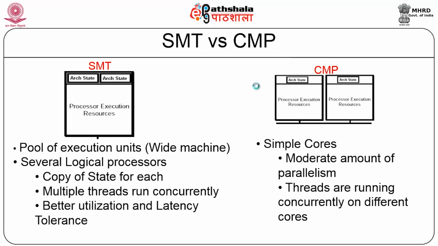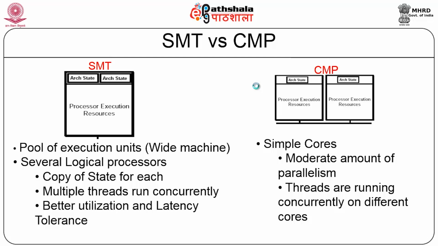So, to give you a comparison between SMT, simultaneous multithreading, and chip multiprocessors, simultaneous multithreading has a pool of execution units. It is normally a wide machine because you are looking at multiple issue processors there. There are several logical processors where you have a copy of state for each, you have multiple threads run concurrently, and there is better utilization and latency tolerance when you look at SMT.